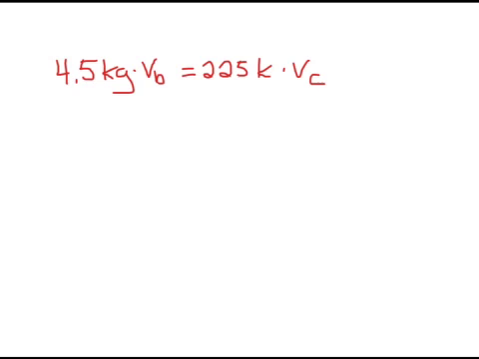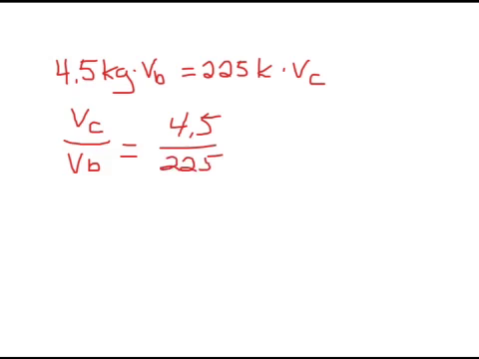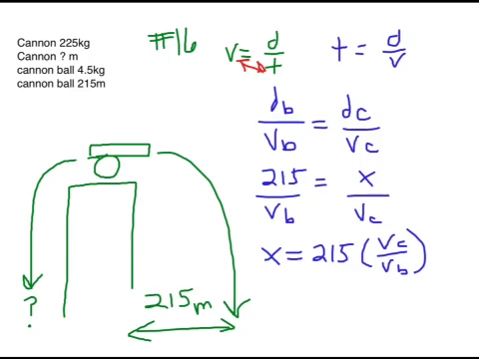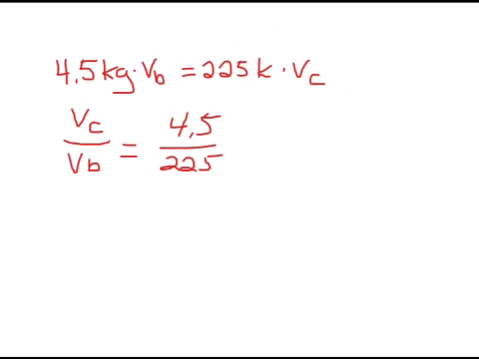Now we rearrange all of this to say V cannon over V ball is equal to 4.5 over 225. And here's where we should start to see the commonality. If I go back a page, we see that we had VC and VB right here, and we can start to put the information together.